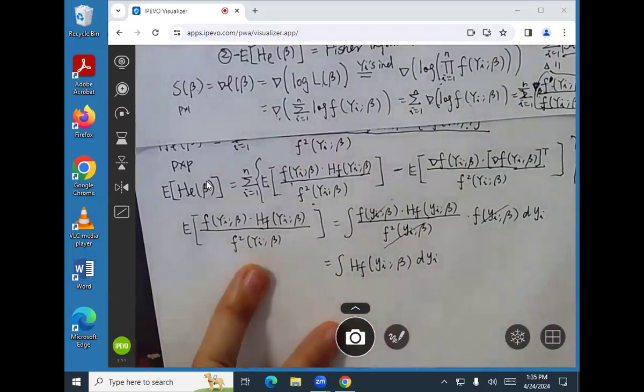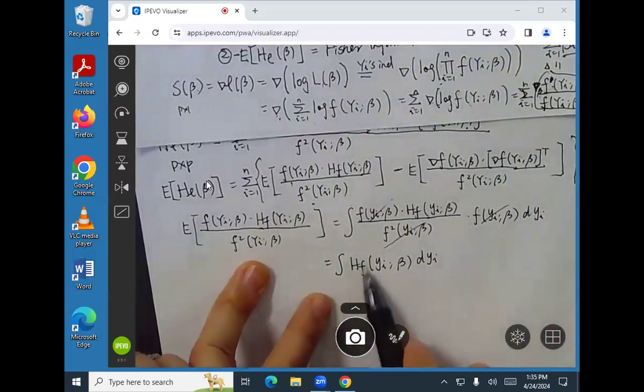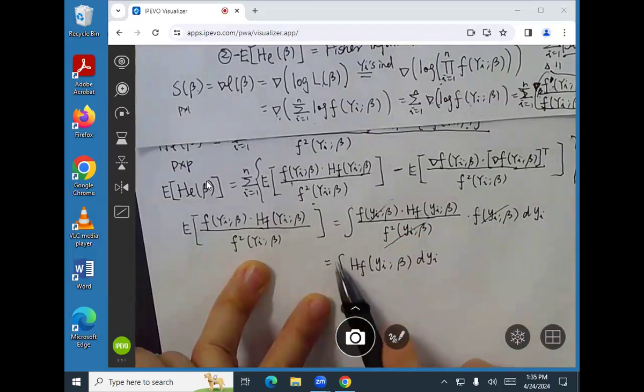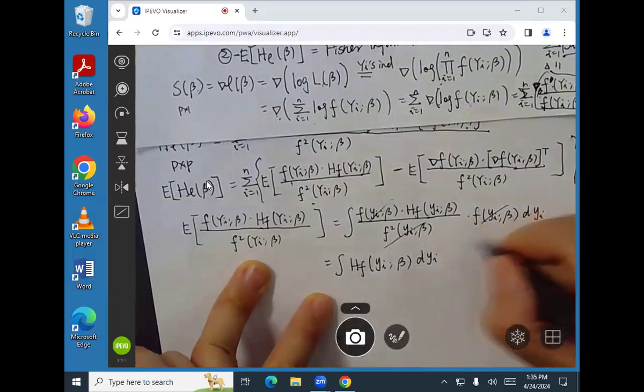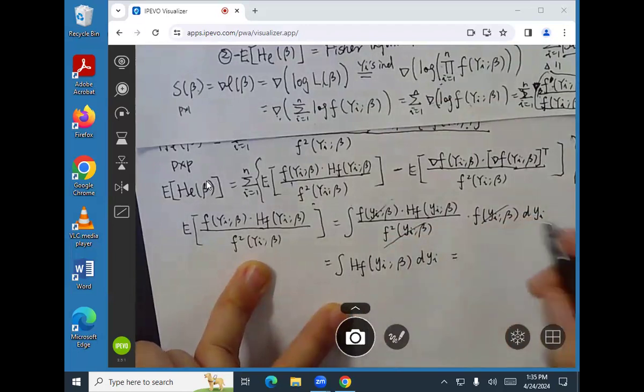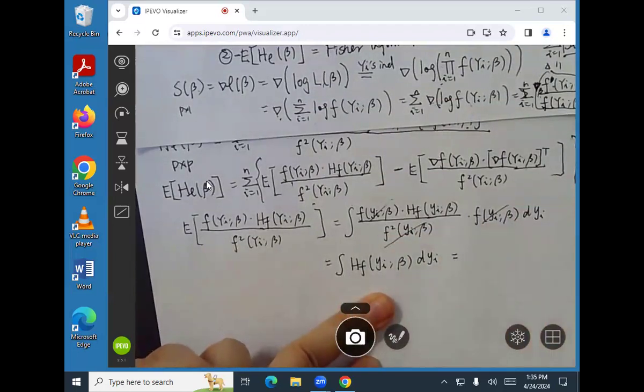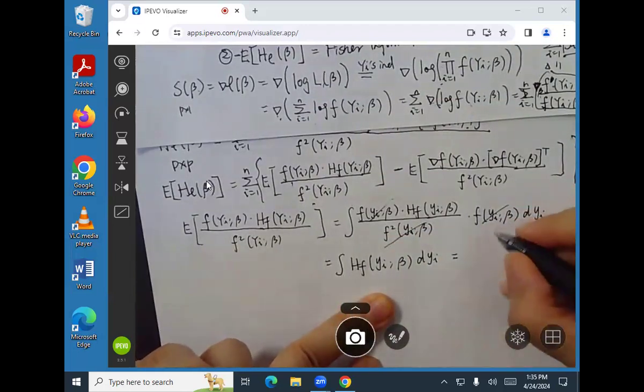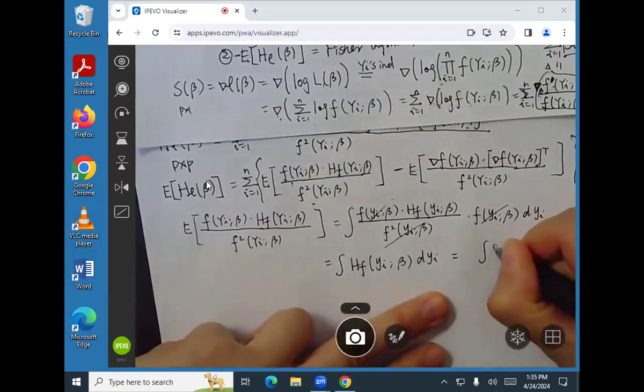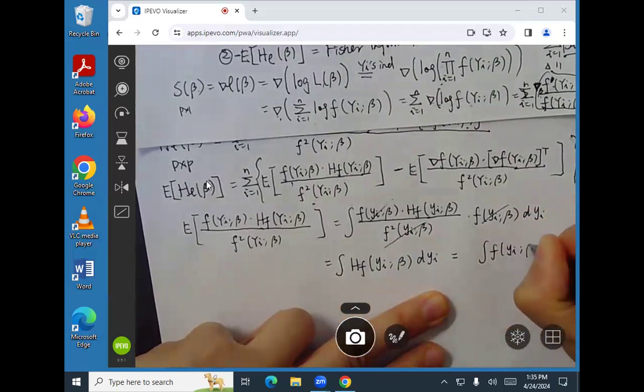And again, if I exchange the second order derivative and the integration, I get 0 again, right? How do I use the notation? It becomes like this, f of yi, beta dyi.